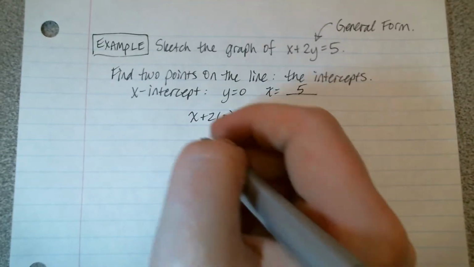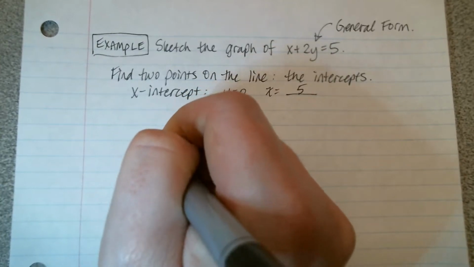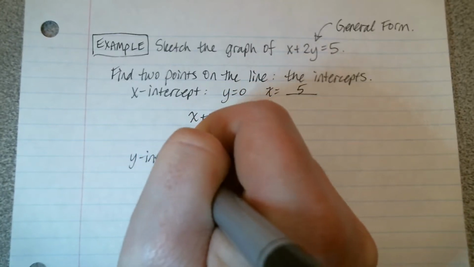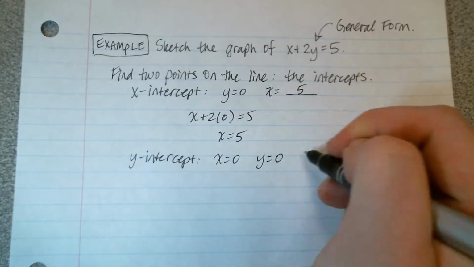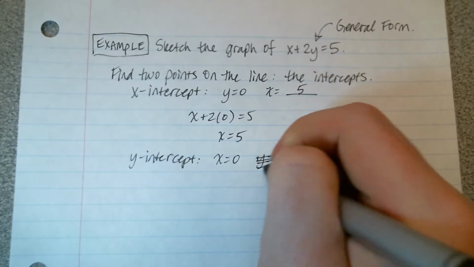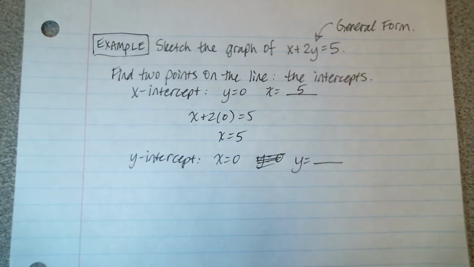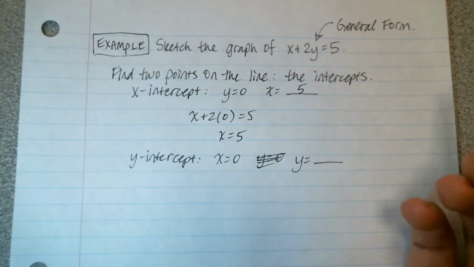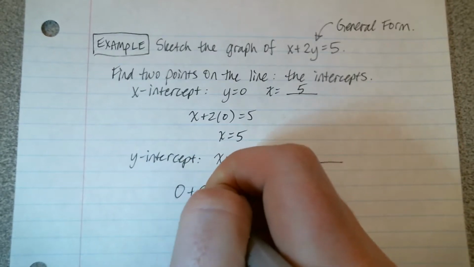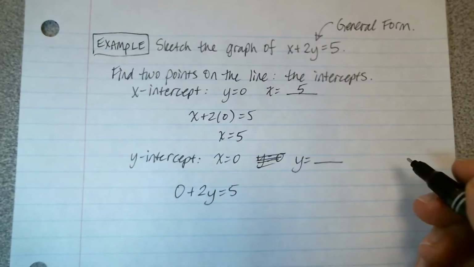I do something extremely similar to find the y-intercept. I will replace x with 0 and solve for y. So in this equation here, I'm going to replace x with 0 and solve for y.